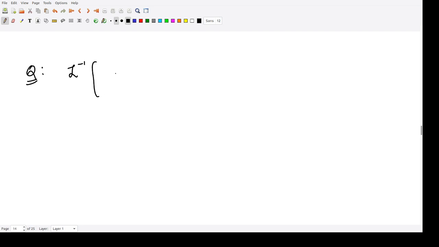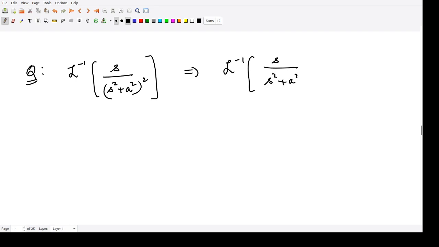You are asked to find the Laplace inverse of s divided by s square plus a square whole square. To calculate this inverse is typical, but you see this is the Laplace inverse of a product of two functions. The first function is s divided by s square plus a square, and another function is 1 divided by s square plus a square.